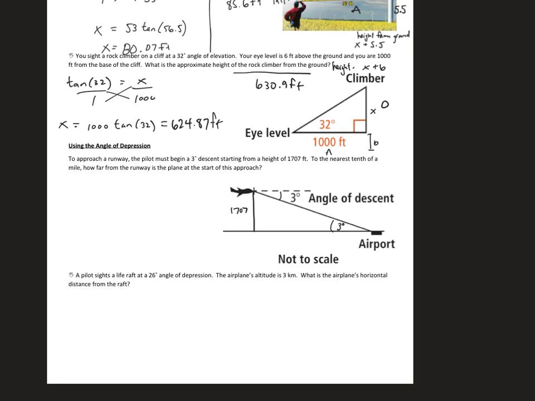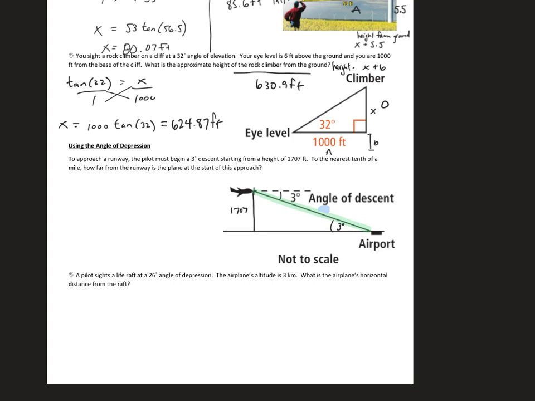To the nearest tenth of a mile, how far away from the runway is the plane from the start of this approach? So the question is how far, and that's going to be this distance right here. That's how far the plane is from the runway. So that's where I'm going to place my x.